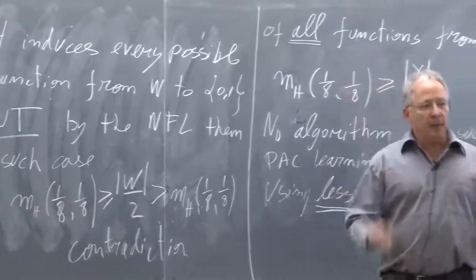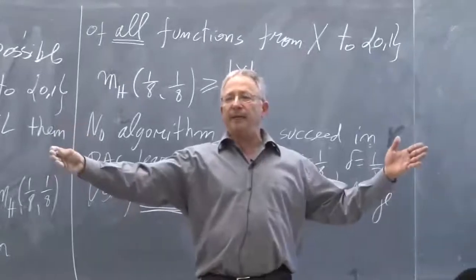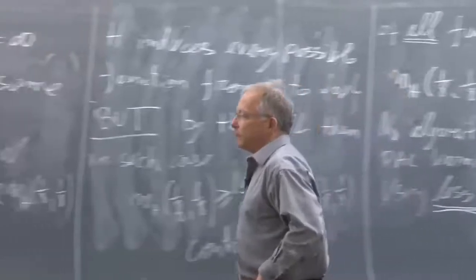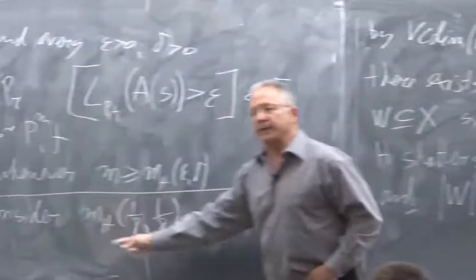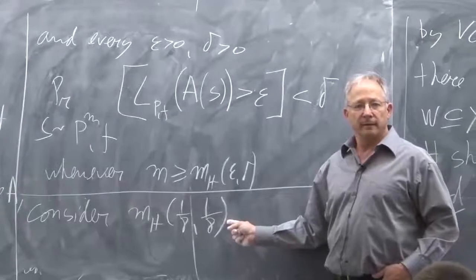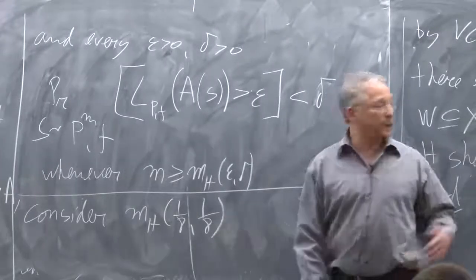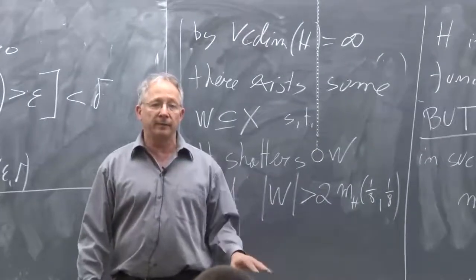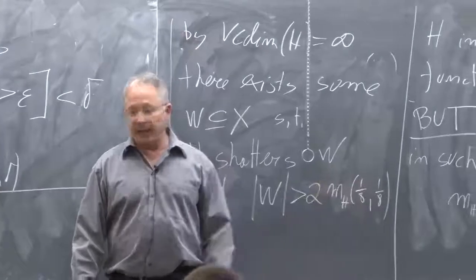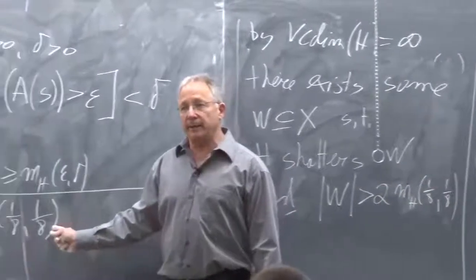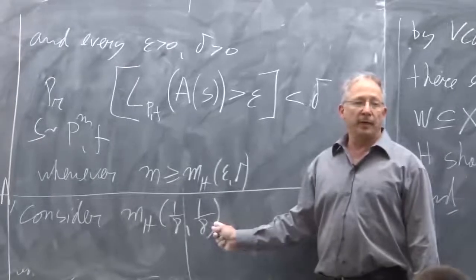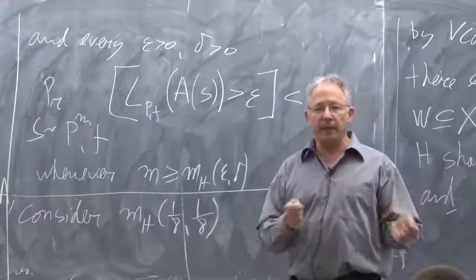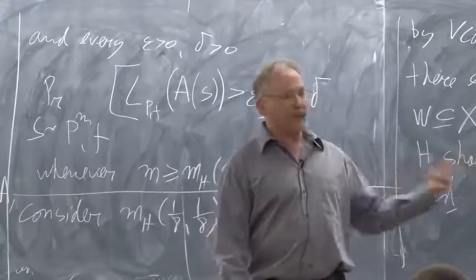Again, the no free lunch theorem tells me if I pick a big enough set, I'll need lots of examples. And if the class was learnable, there was a fixed number of examples that would suffice. But if it has infinite VC dimension, I can pick an arbitrarily big set with all functions allowed on this set. So it violates the claim that with so many examples, my algorithm could learn every function in my class H. So here we saw a connection between the VC dimension and the no-free-lunch theorem.